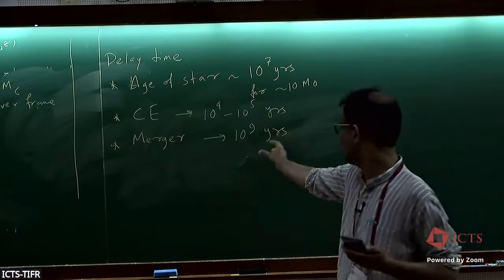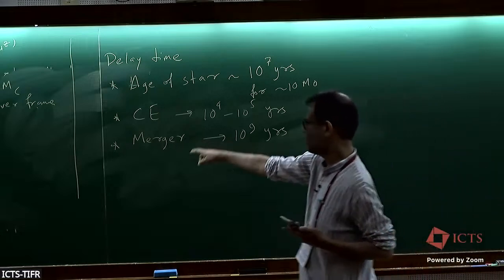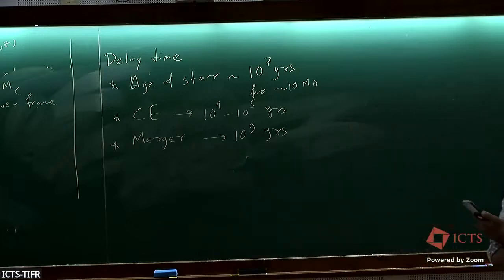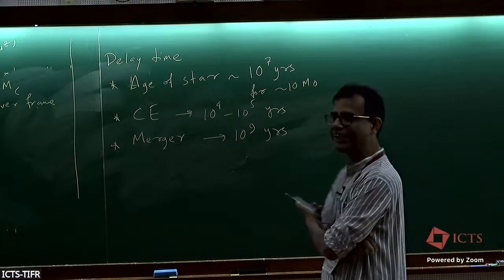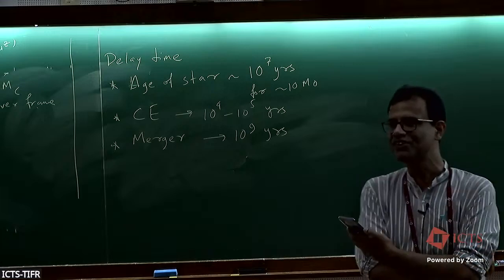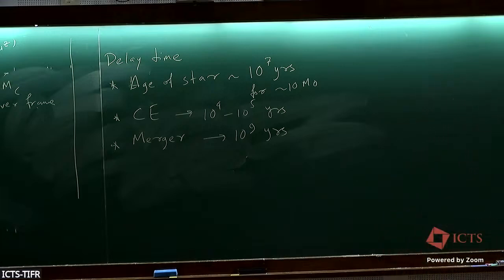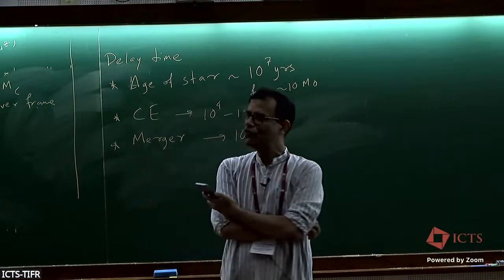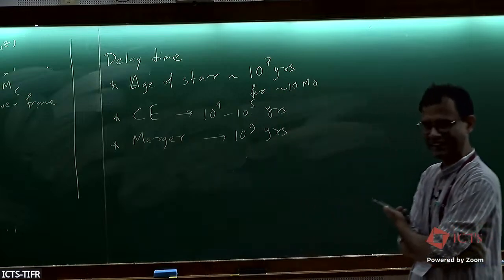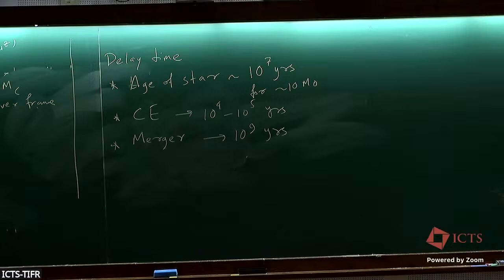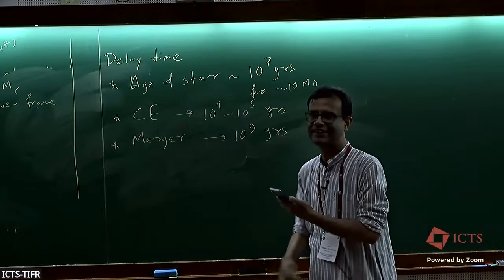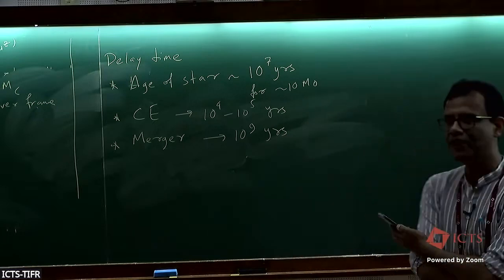If the orbit is very tight, they can merge very quickly, much less, 10 to the 7 to 10 to the 8 years, but it can easily go to a billion years. And this is an issue because, for example, the age of our universe at redshift 6 is about a billion years. So if this is indeed the typical time scale, then you won't see any merger before redshift 6, unless there are some astrophysical processes, or the tight binaries are quite common so that this is much less than a billion years. So this is something to keep in mind.